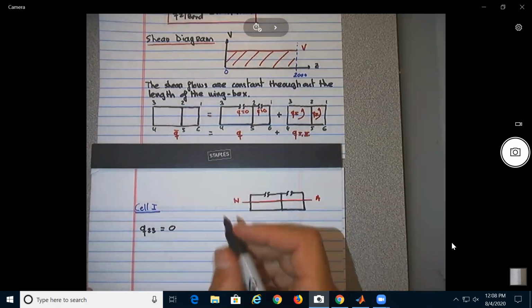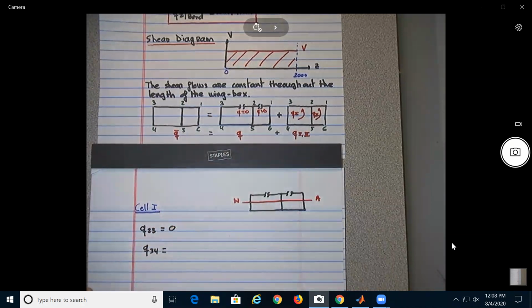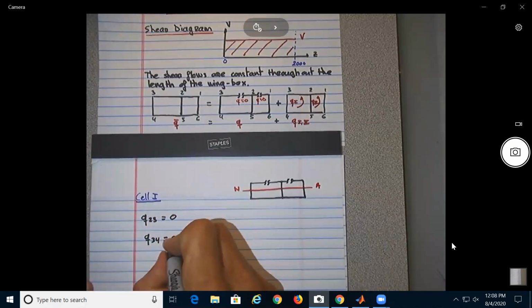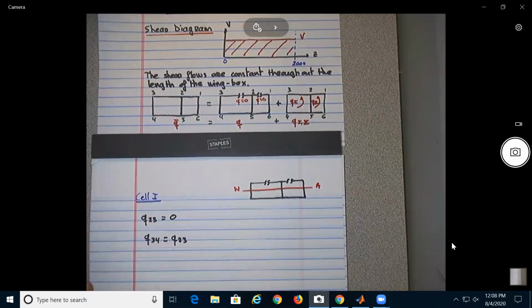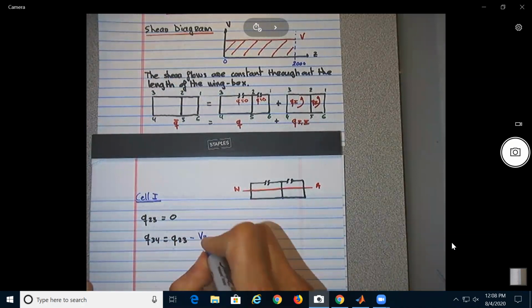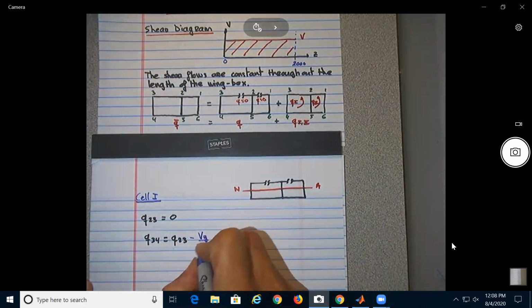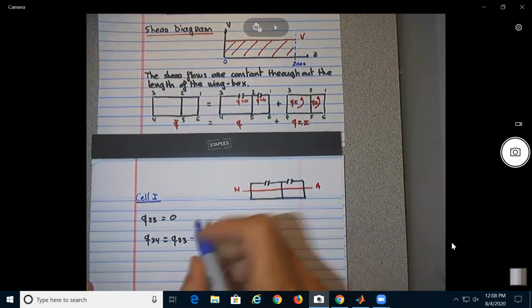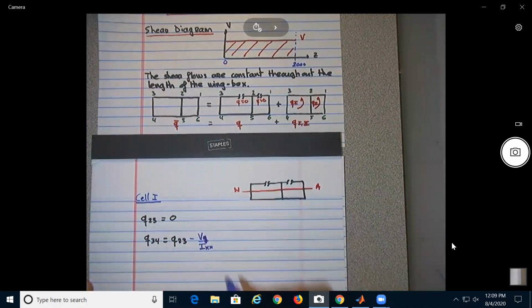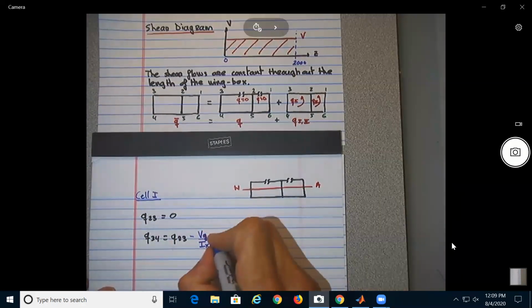Now we go to Q34. So Q34 will be equal to what? Q23 minus V times Y, V divided by Ixx times Y of what?